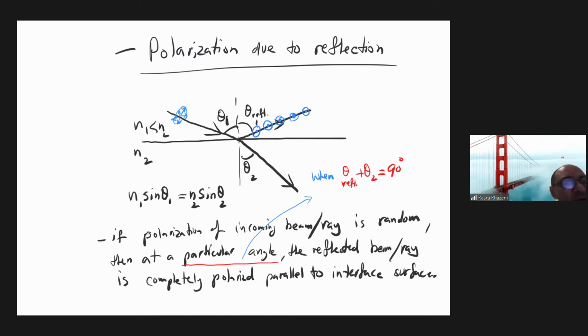In other words, when this is 90 degrees, same thing. When that's 90 degrees, the reflected beam is completely polarized parallel to the plane, or normal to this plane that defines the three beams. Okay? That's called Brewster's angle.